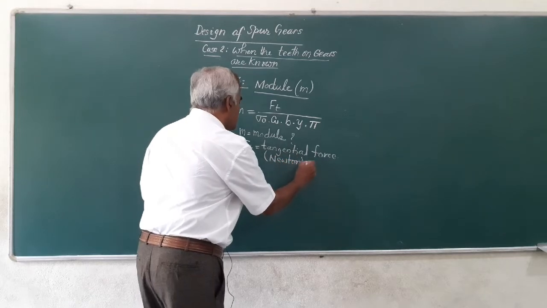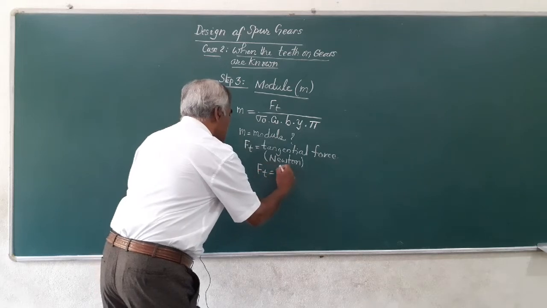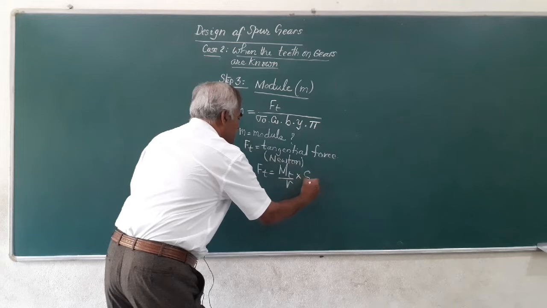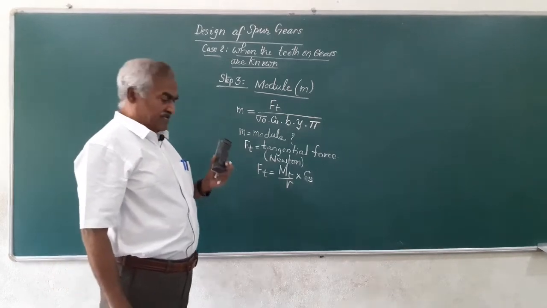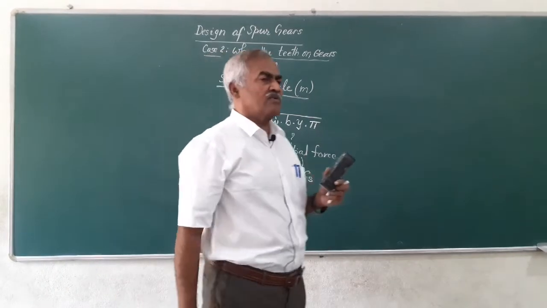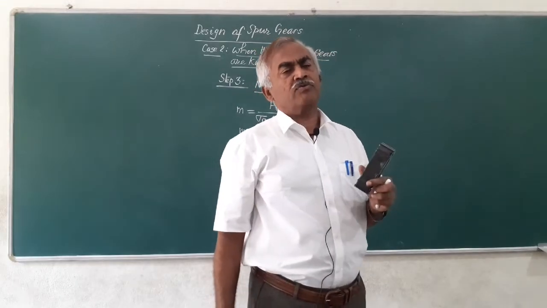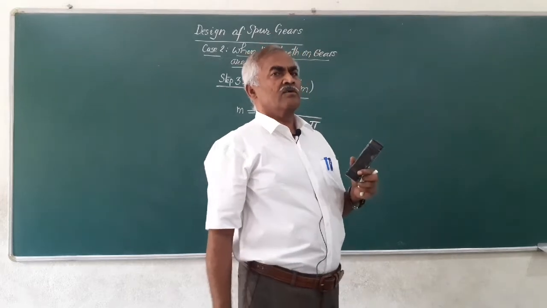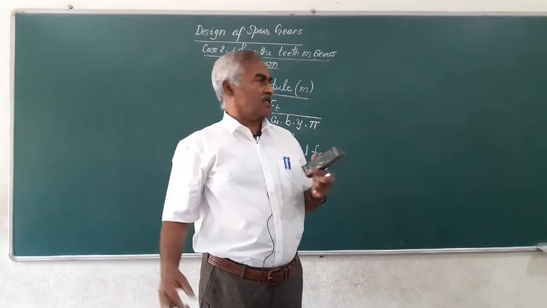And you know, friends, if you know the torque, this Ft is given by Mt divided by r multiplied by a service factor Cs, service factor Cs. And here, friends, in all the problems on the gears, the power transmitted will be given to you and transmission ratio will always be given, whether the diameters are known or not known, number of teeth known or not known.